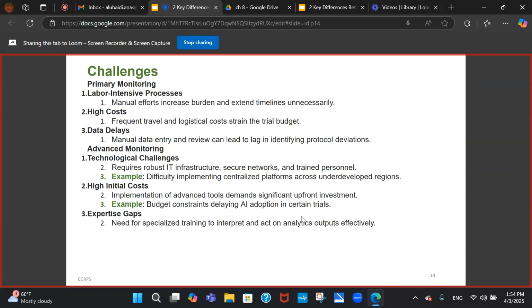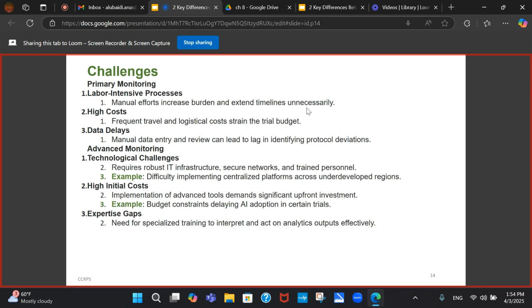Challenges. Now, with every style, with each strategy, whether advanced or traditional, in addition to the key benefits, we have challenges as well. So the challenges that might apply to primary monitoring, the traditional monitoring style, despite the order, are labor-intensive processes, high costs, and data delays. So labor-intensive processes: manual efforts increase burden and extend timelines unnecessarily.